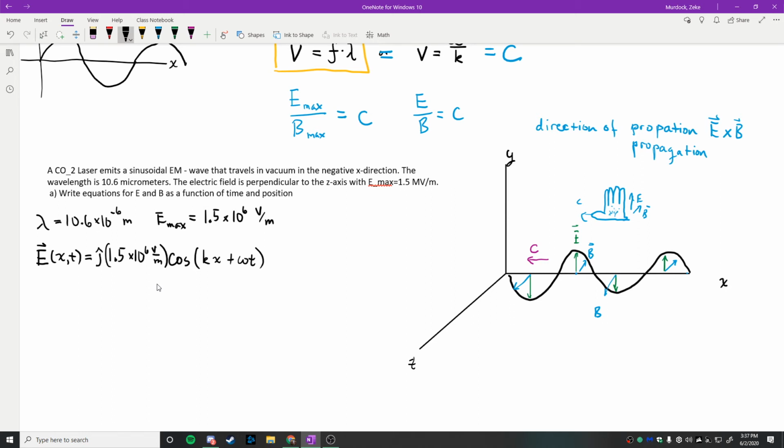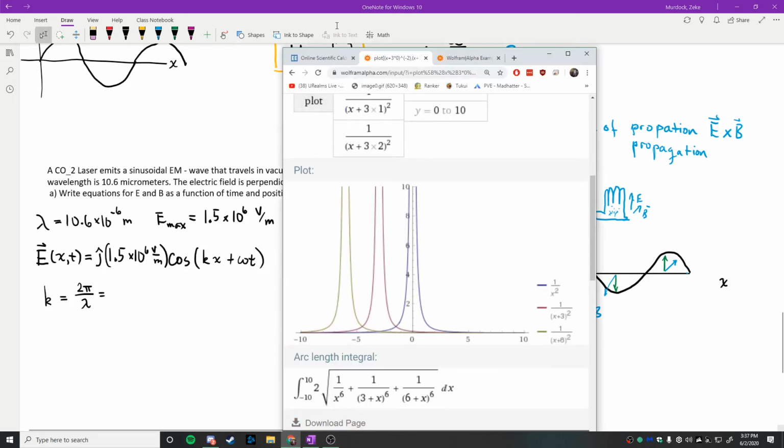Now what's k? Well, k is related to lambda, right? So let's calculate what that is. So k I said was equal to, if I take 2 pi and I divide by the wavelength, so that's going to be 2 pi divided by that. We can calculate very quickly what that is.